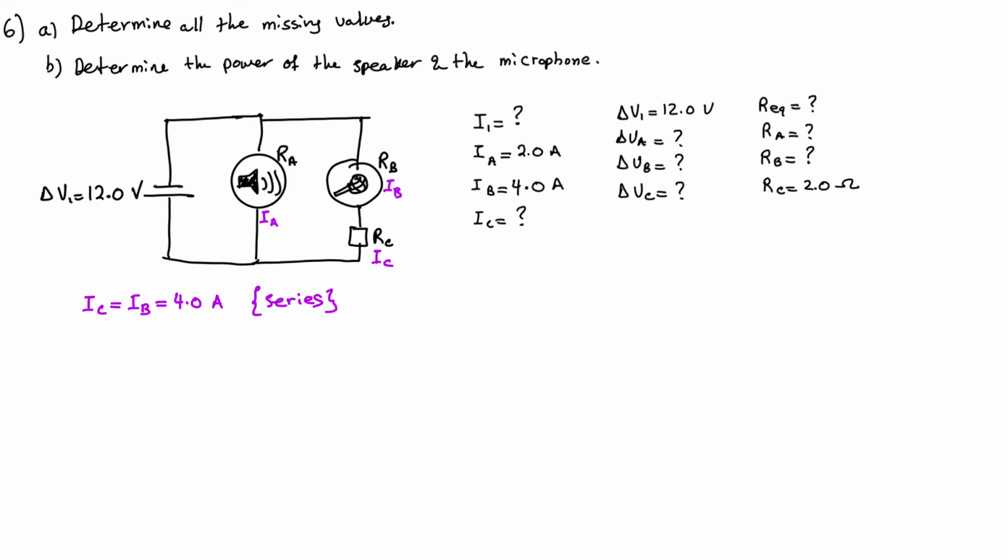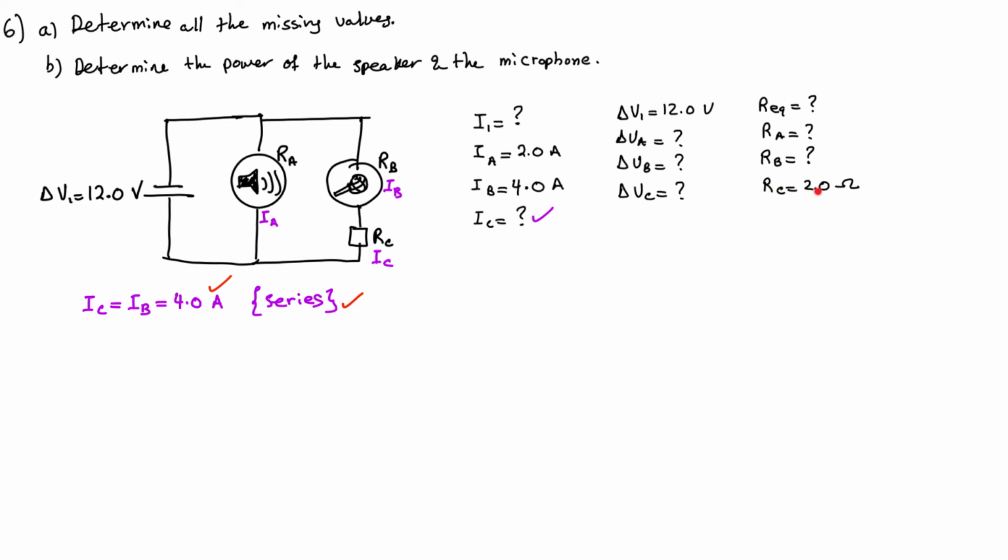I'm going to put a check mark here, reasoning and getting the value right. And then, okay, I'm going to put a check mark here as well because now I have that one. I have delta V1. Okay, good. What else do I have?